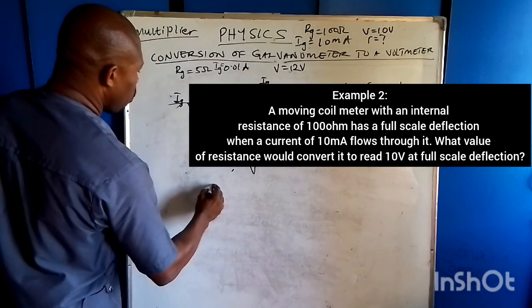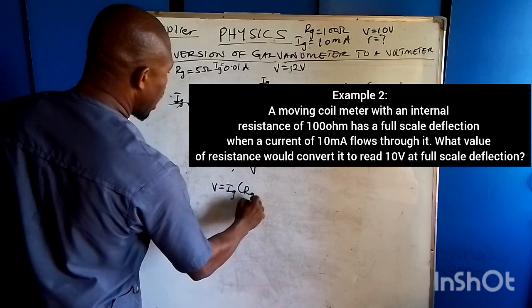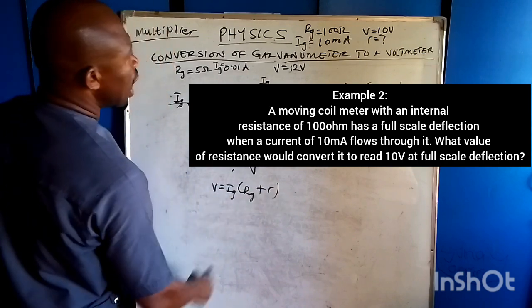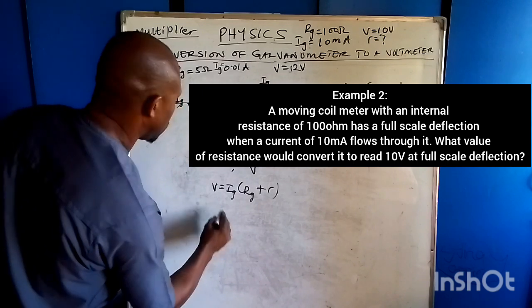From the formula, V is Ig into (Rg plus R). V is 10 volts.